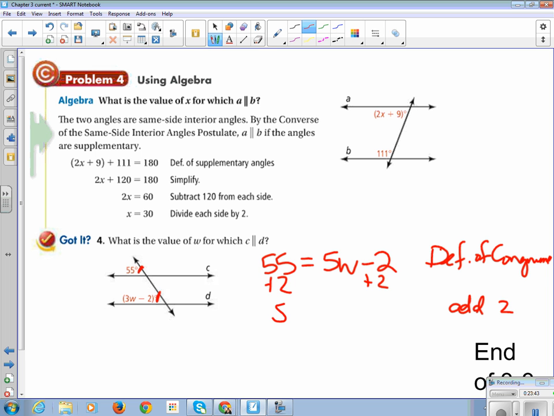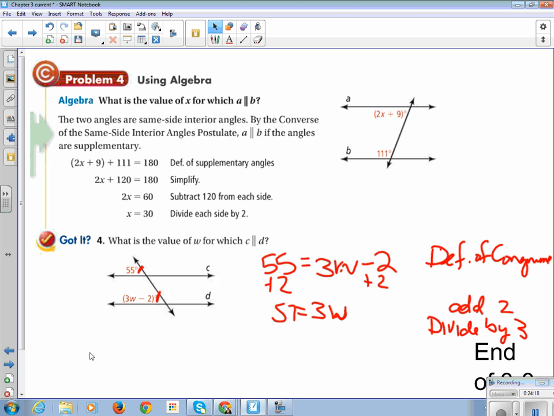So that's 57 equals 3w. Thank you. So I'm going to divide by 3. 57 divided by 3, 3 goes into 5 once, put 2 left over, 3 goes into 27, 9 times.